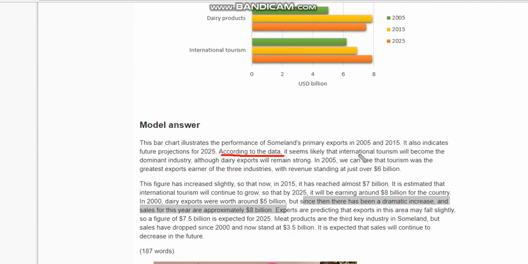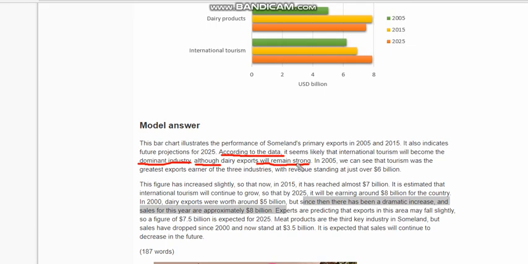It seems likely that international tourism will become the dominant industry, although dairy exports will remain strong.